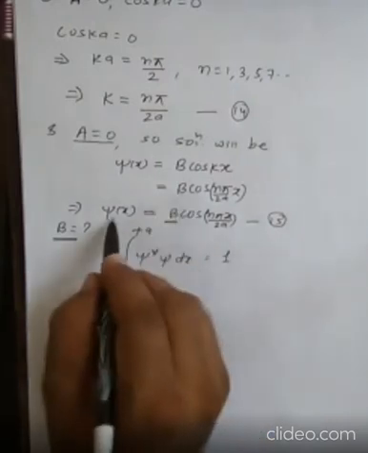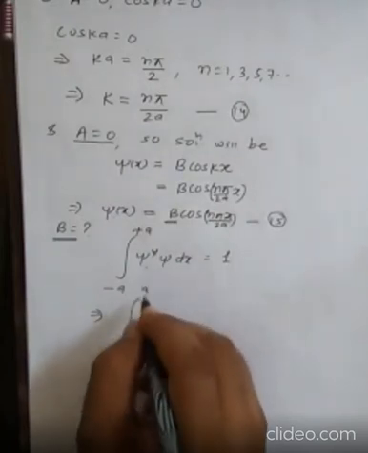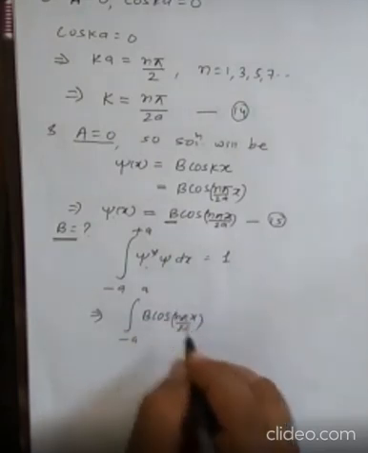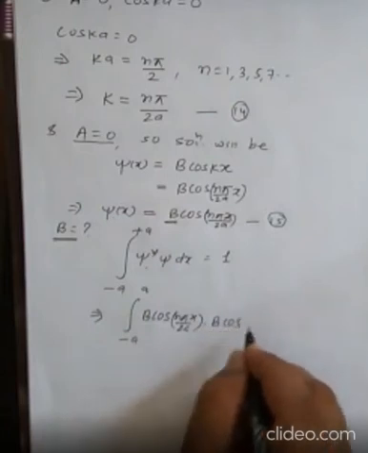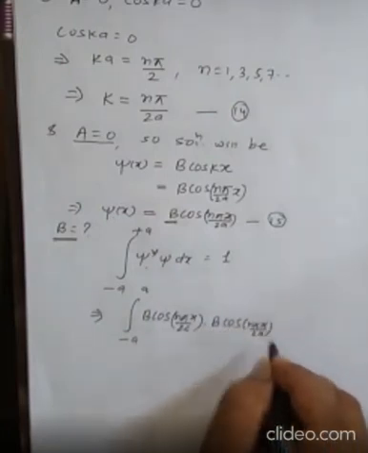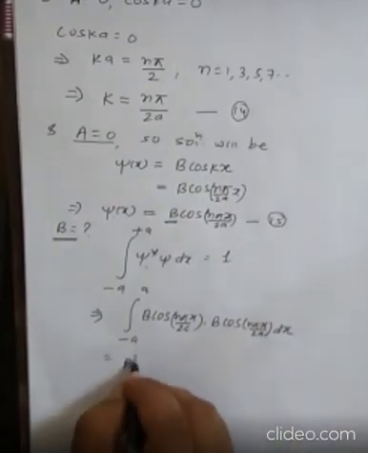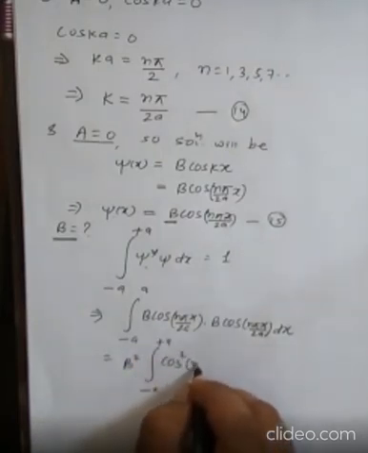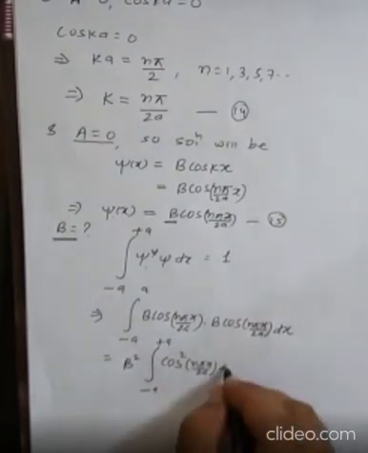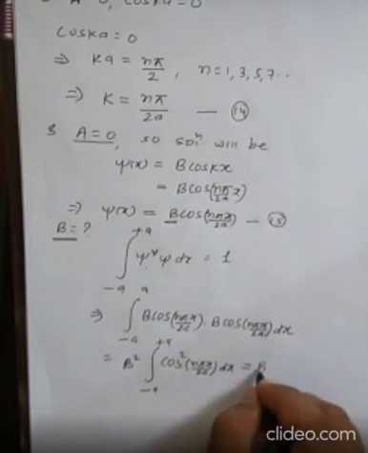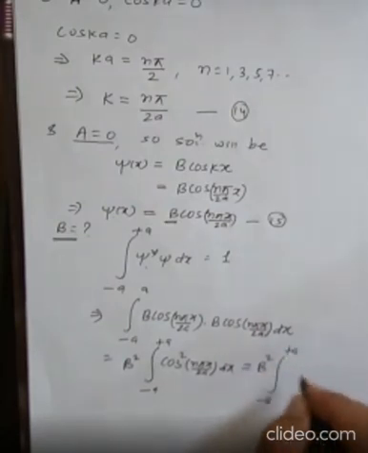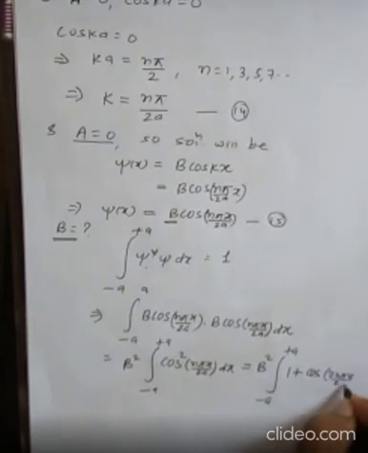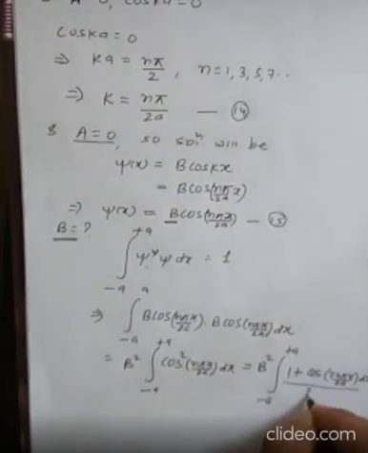So if I use this wave function, b cos n pi x divided by 2a, then b square integral from minus a to plus a of cos square dx, which is the integral from minus a to plus a of 1 plus cos 2n pi x divided by 2a, dx by 2.